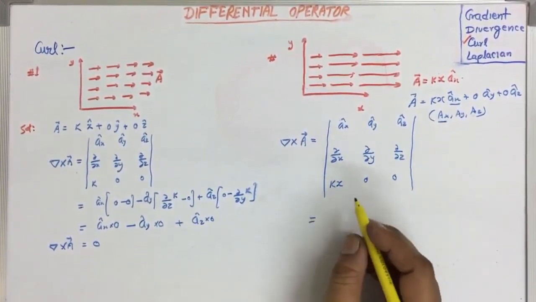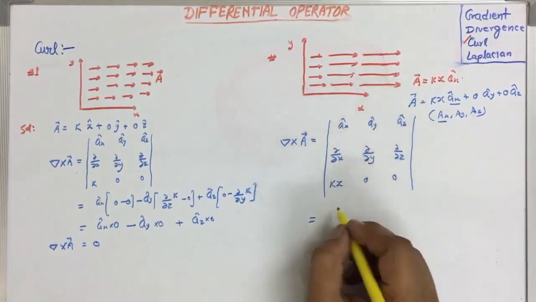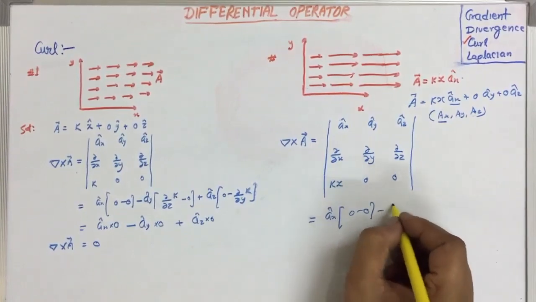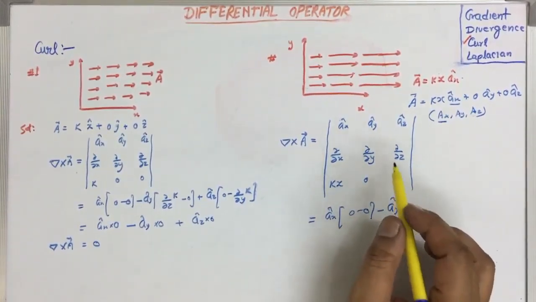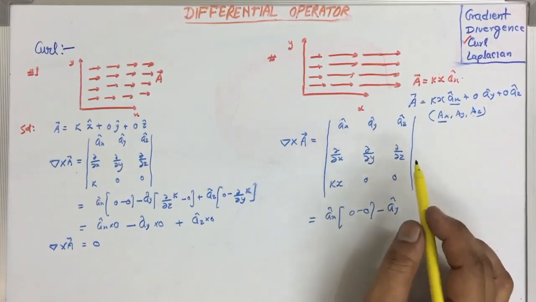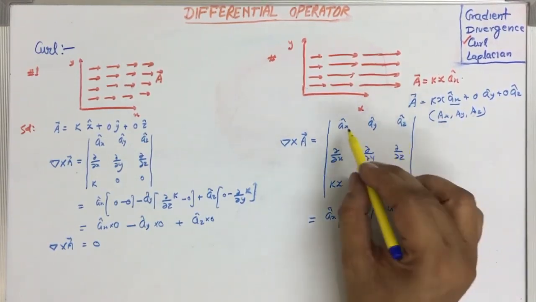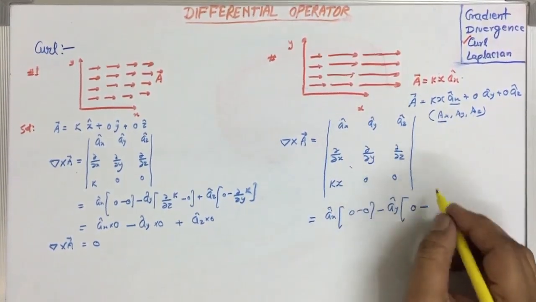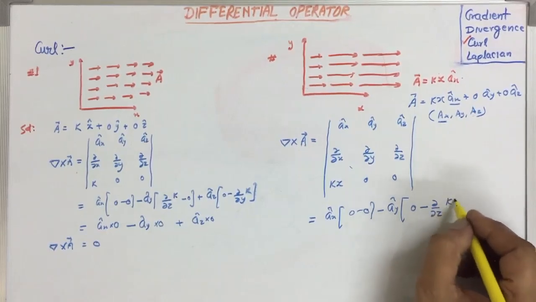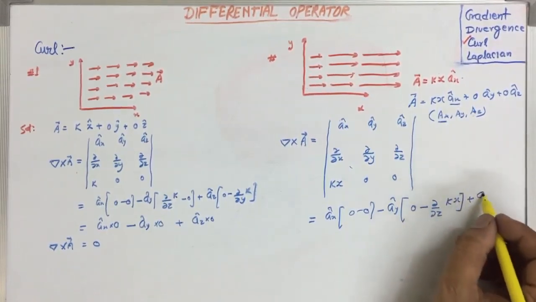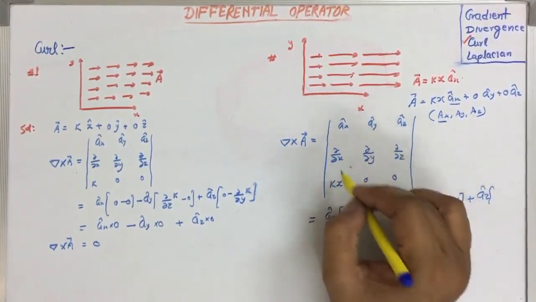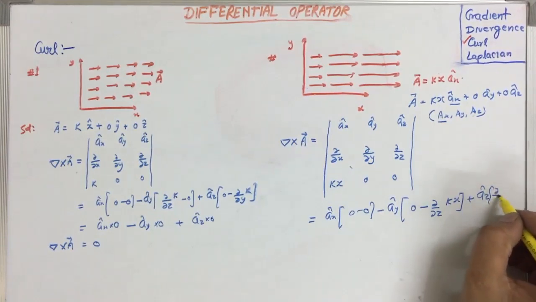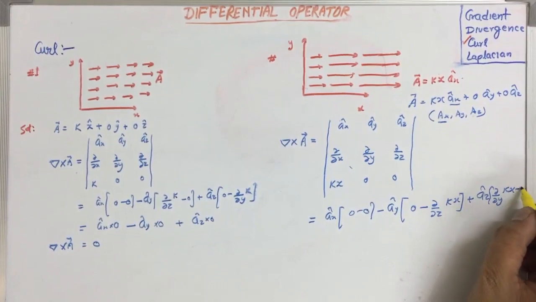Now find the determinant. If you find the determinant, then you will get ax multiplied with 0 minus 0, minus ay. This is 12th standard mathematics, so I am not giving emphasis on that. 0 minus del over del z of kx, plus az, this minus this. So del over del y of kx minus 0.